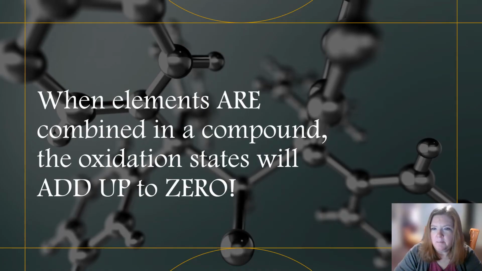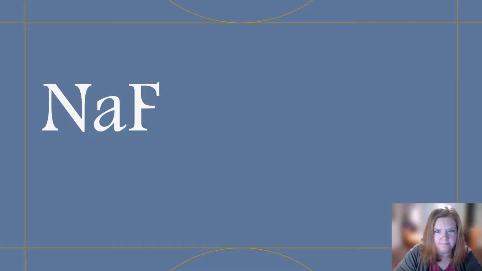When elements are combined in a compound, the oxidation states will add up to 0. Okay, here's a compound. Do you see any charges? Nope, you do not. So what does that mean? That means the charge of the overall compound is 0.